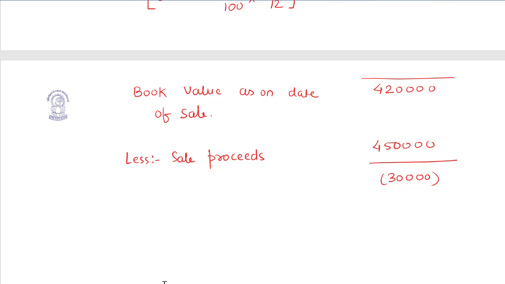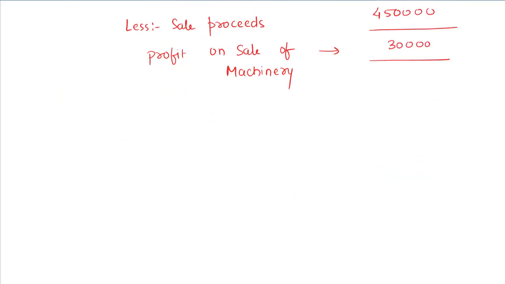So the book value of the asset is 4 lakh 20,000. We have sold it for 4 lakh 50,000. That means this is profit of 30,000. So just write over here: profit on sale of machinery is 30,000. I believe it is clear.